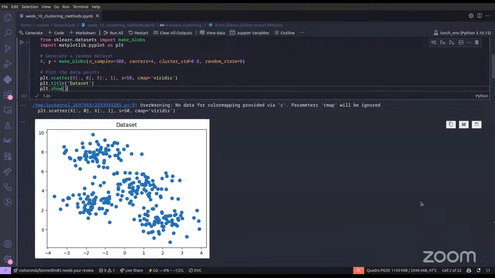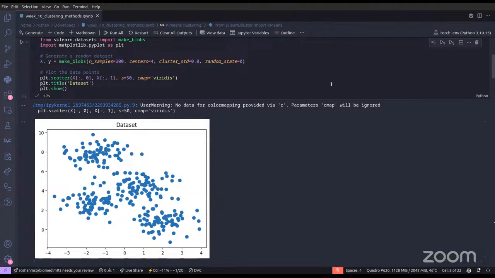How many clusters do you see? You see four different clusters here, right?